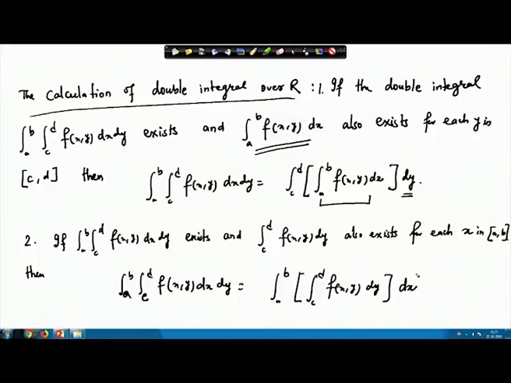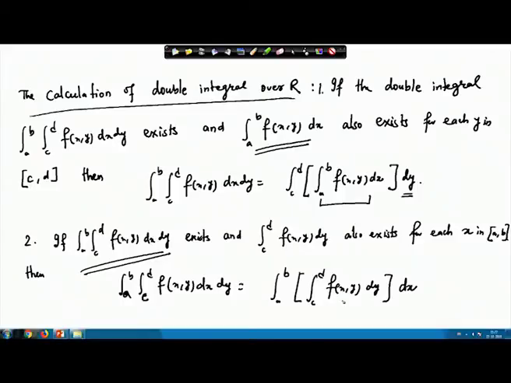That means if this double integral exists, and if the integration with respect to y also exists, where x is treated as a constant, then we can evaluate this double integral in this fashion.